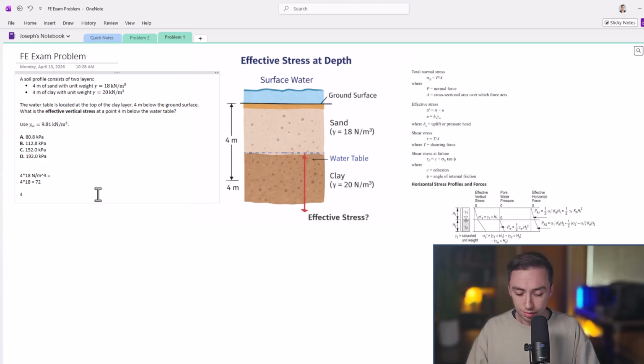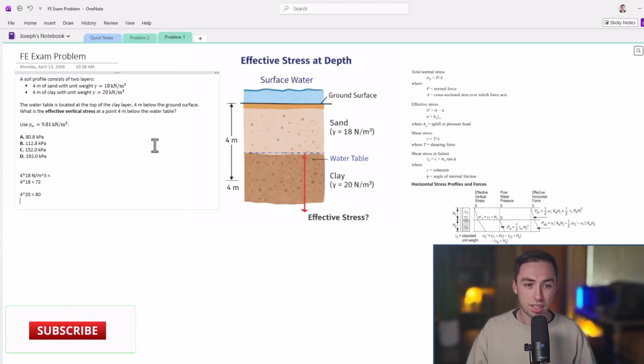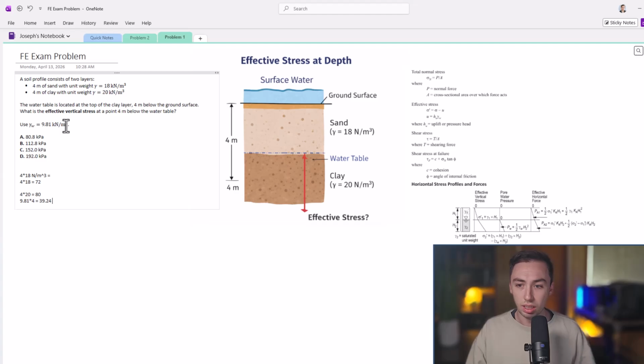We're going to go 4 times 20, just like we did with the sand layer, and we get 80 kilonewtons per meter cubed. And then we come down here and we calculate the uplift pressure, 9.81 times 4 equals 39.24.